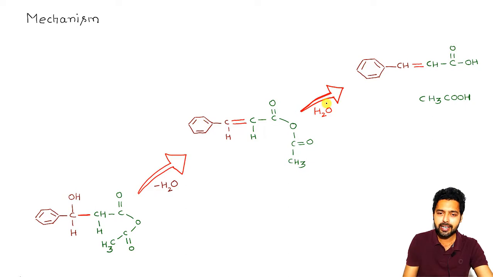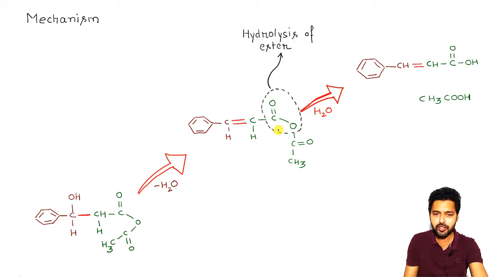Once we have got this extra conjugated product, the next step is what? Upon addition of a molecule of water, the ester group here will be hydrolyzed. You can see this is the ester group, and it will be undergoing hydrolysis in the presence of a molecule of water, right? So upon hydrolysis, the cleavage of this carbon-oxygen bond will take place in this way, and water, we know, is HOH.